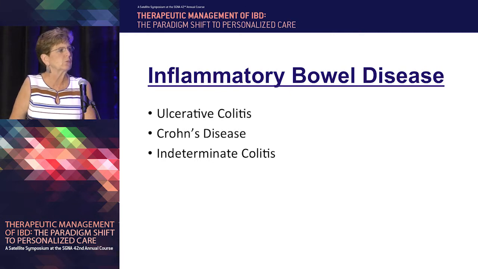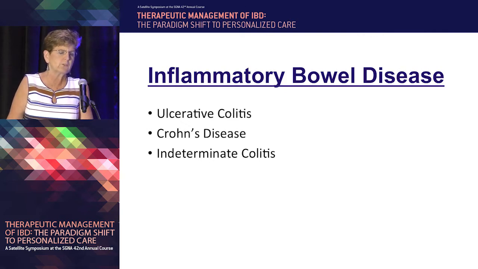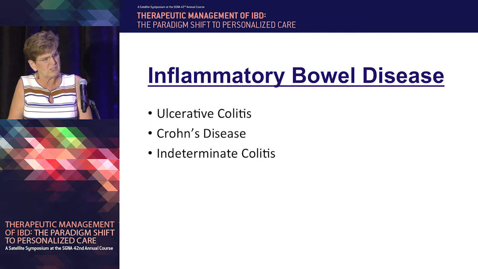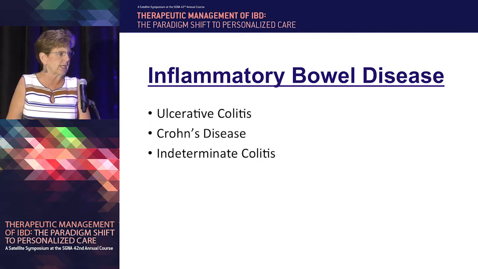Inflammatory bowel disease really ends up being two subtypes that you mostly know about, ulcerative colitis as well as Crohn's disease. But there's also a small percentage of people, approximately 10 to 15%, that get diagnosed as what we call indeterminate colitis.